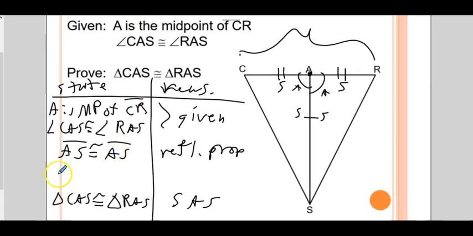Now we just need one more thing. Since we marked this congruent to this, because this was the midpoint, we have to say that. So CA is congruent to RA. That's an R, not a P. And the reason is definition of midpoint.